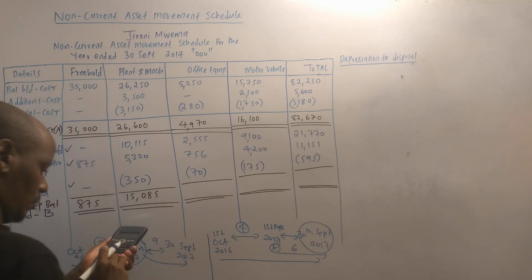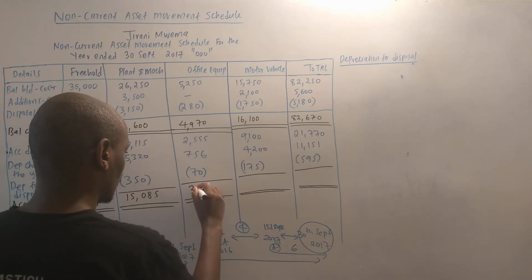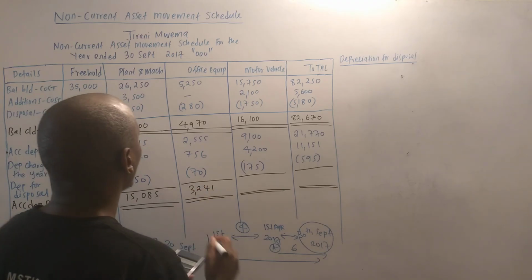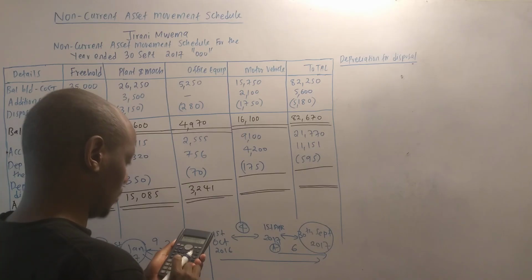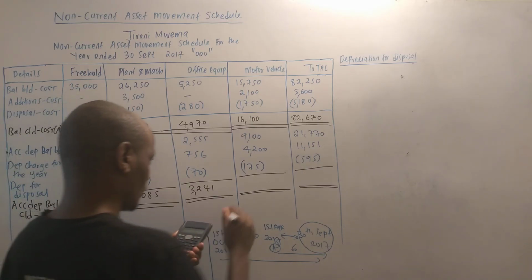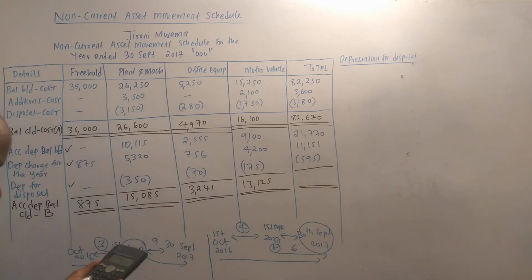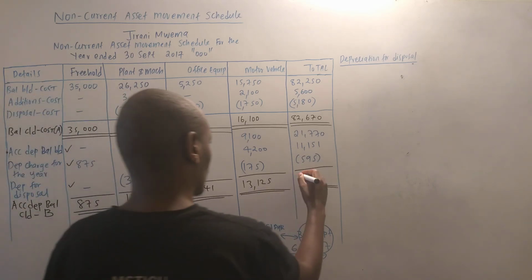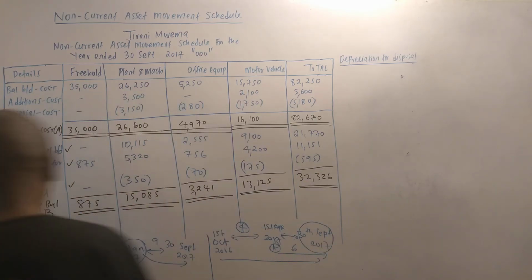Then 255 plus 756 minus 70, that is 3,241. Then 9,100 plus 4,200 minus 175. That one is 13,125. So 13,125, plus 3,241, plus 15,085, plus 875, that is 32,326.